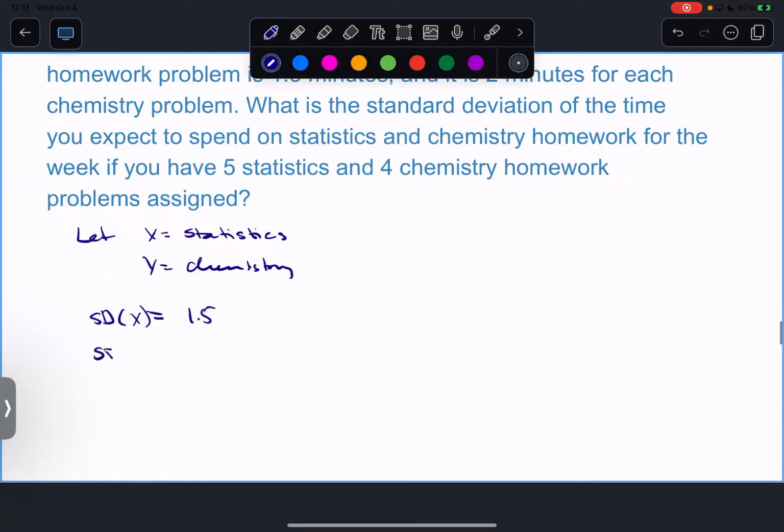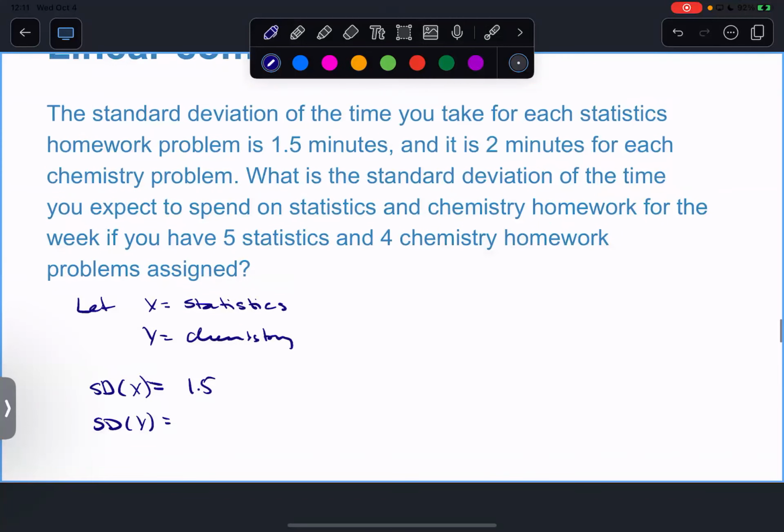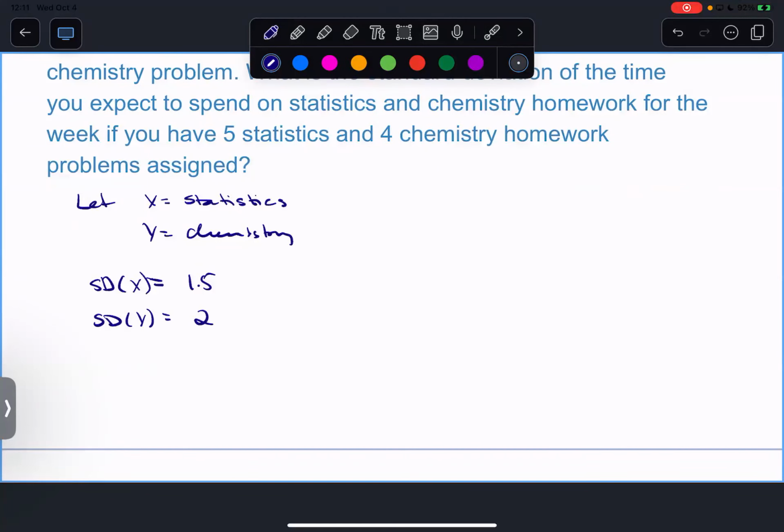And the standard deviation of Y is 2. We have to do a little bit of work because our formulas involve the variance, but the variance is the standard deviation squared. So the variance of X then is going to be 1.5 squared, and the variance of Y is going to be 2 squared. 1.5 squared, is it? Thank you. And 4.